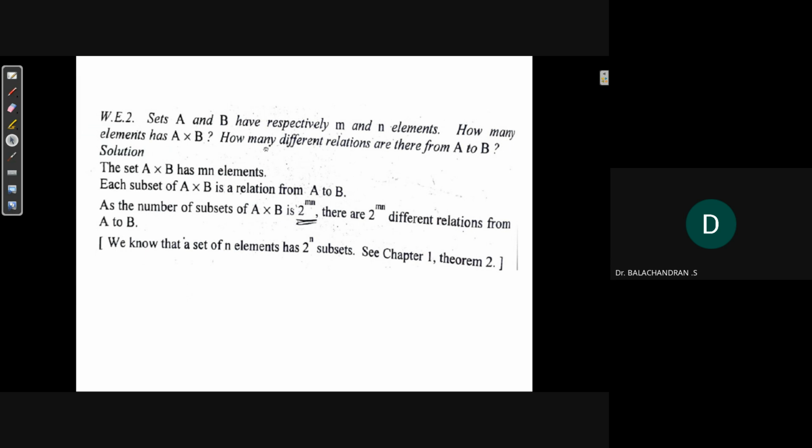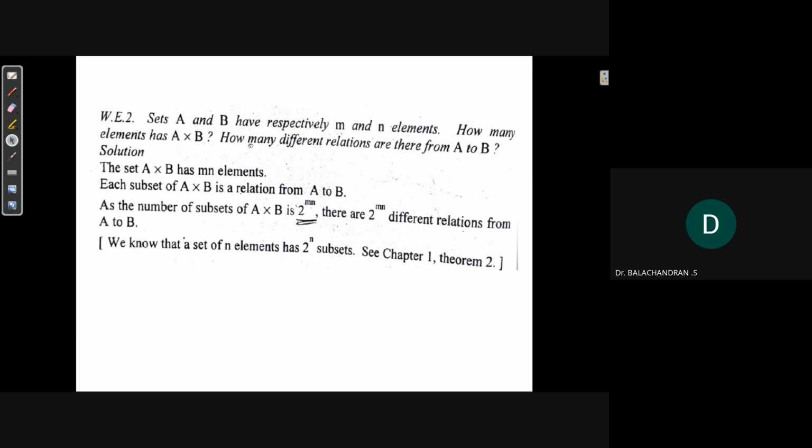Before going to the next question, we should already know this idea: a set that contains n elements has how many subsets? 2 power n subsets. So you already know that.